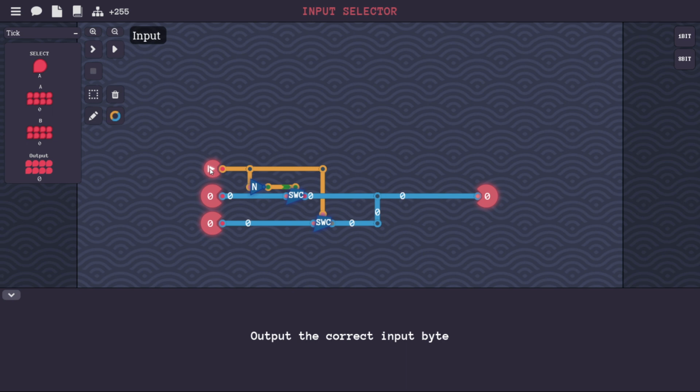So we saw that we can use this and select this being off. It being off, it selects the first byte, since we're using negation and not gate to enable this channel.